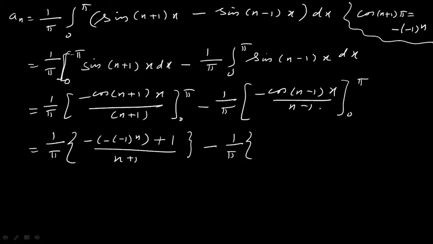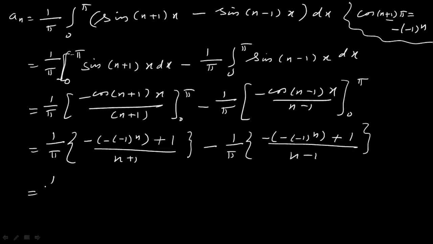Here itself the same process. So instead of n plus 1, here you have n minus 1, right? So upper limit cos (n minus 1)pi. Cos (n minus 1)pi is also minus of (minus 1) whole power n. So minus, here already you have minus. So minus of (minus 1) whole power n. Upper limit over. Coming to the lower limit 0, cos 0 value 1, already here you have minus, so minus and minus becomes plus 1, divided by n minus 1, that's all.